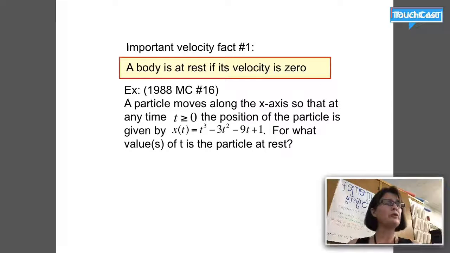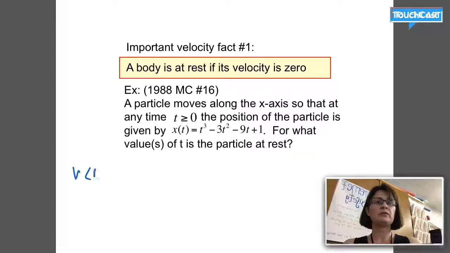It says a particle moves along the x-axis so that its position is given by the function x of t equals t cubed minus 3t squared minus 9t plus 1. For what values of t is the particle at rest? So the particle is at rest when the velocity is 0. So I'm going to find the velocity first and then set that equal to 0.